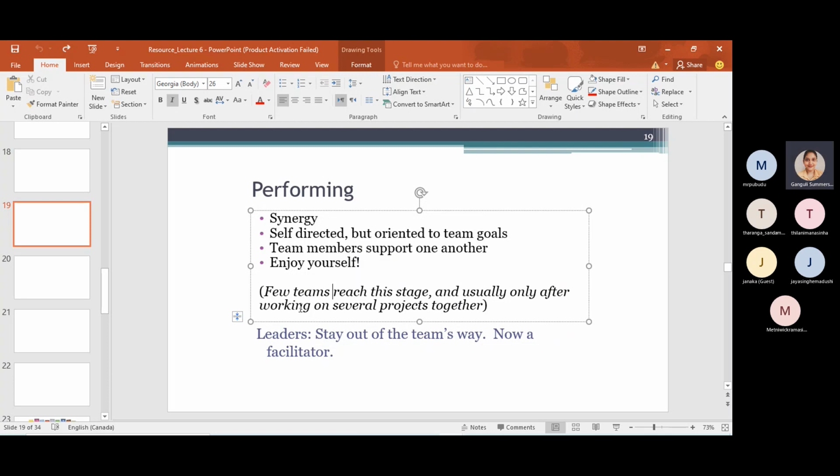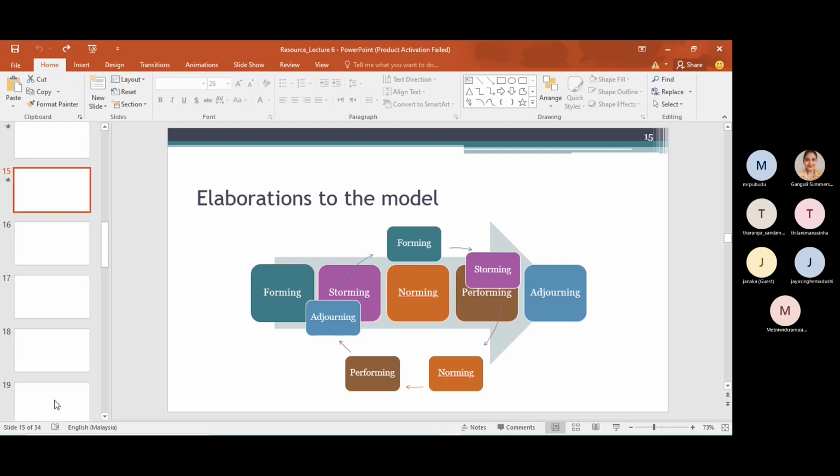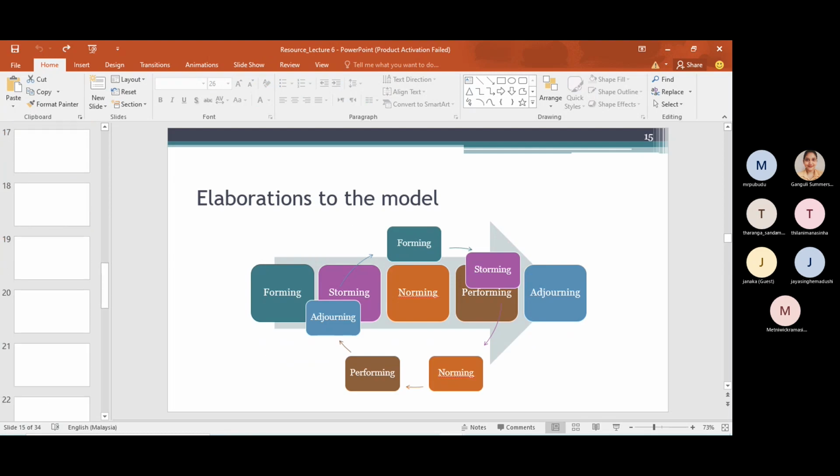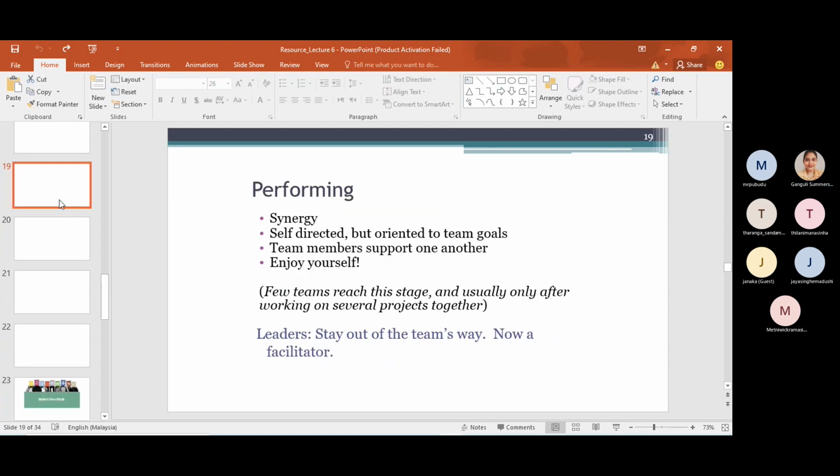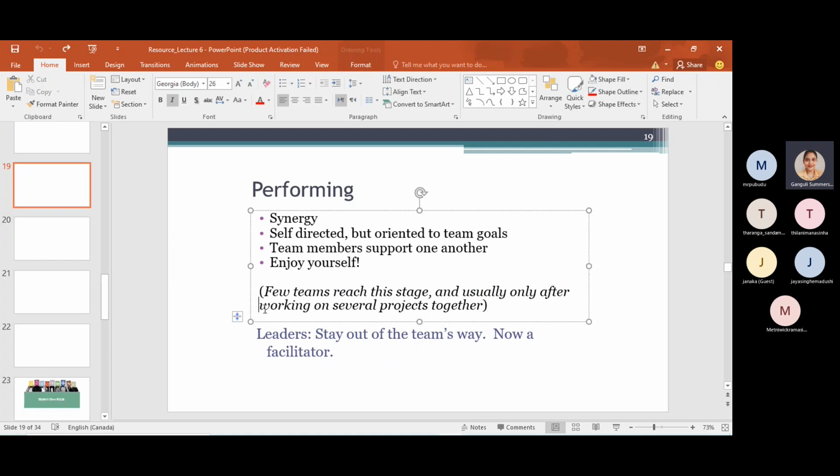Few teams reach this stage, and usually only after working on several projects together. When you work on several projects together, it improves your teamwork skills.